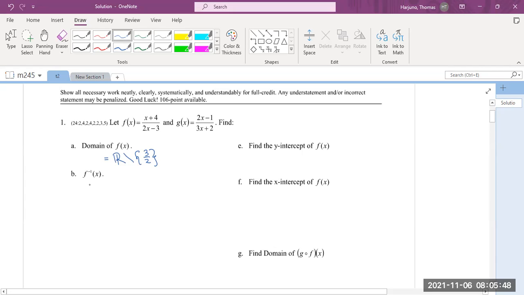Okay, how about the inverse function of the function f(x)? Every time I ask you to do inverse function, I need you to do it in 4 steps, and I even require you to label them step 1, step 2, step 3, step 4. So step 1, you replace the f(x) by y.